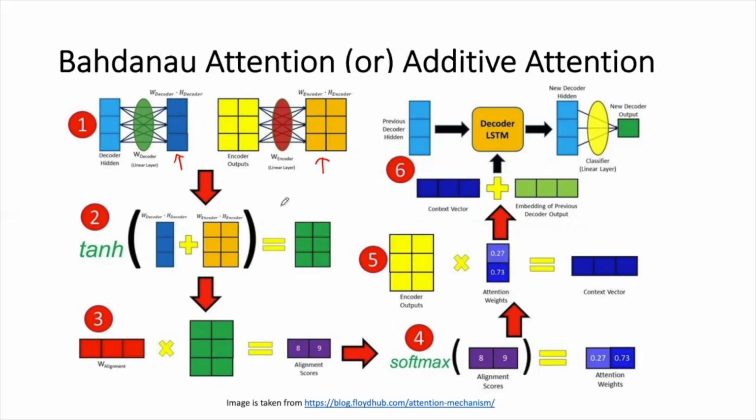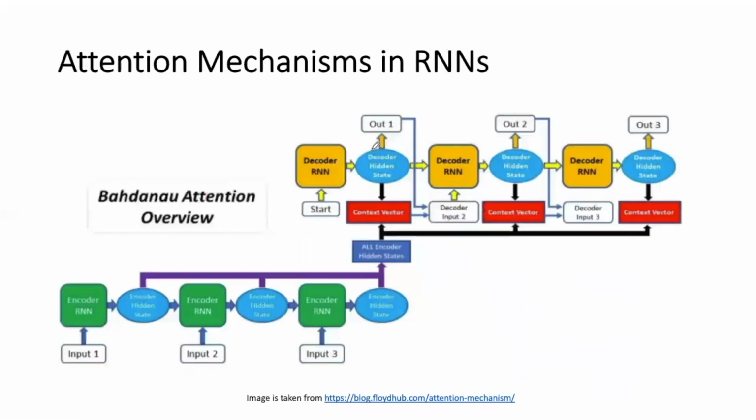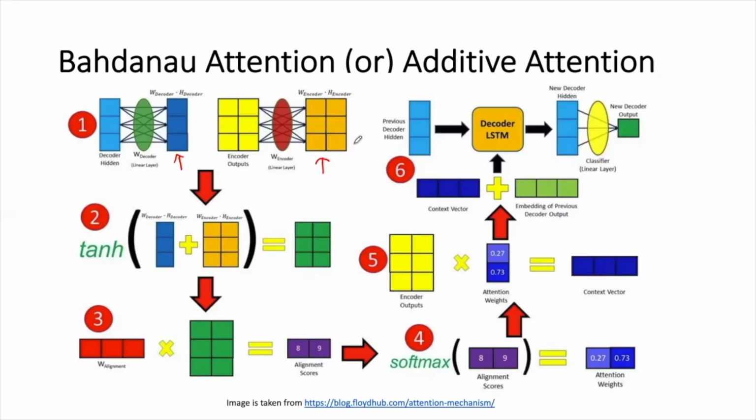What this represents is we take the decoder hidden state, for example the first decoder hidden state, and we multiply it with a matrix W decoder. This matrix helps us do a linear transformation of the decoder hidden state, and this is the output of the linear transformation.